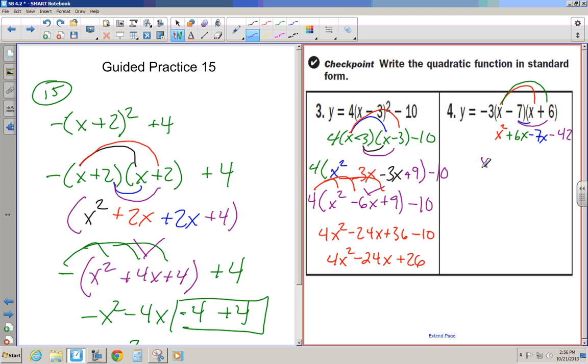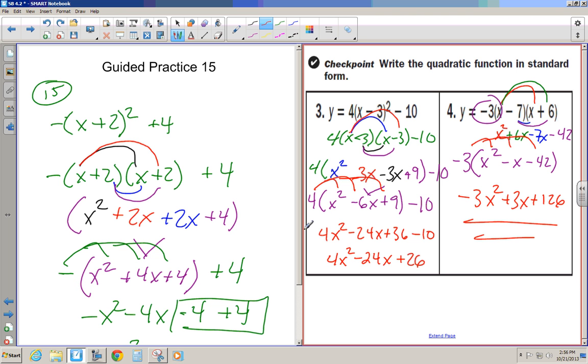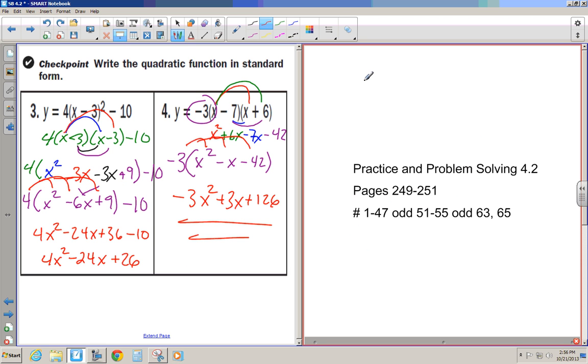Then we combine like terms. And we never forget about the number out front. Because now that number gets multiplied by everything inside the parentheses. And we're done.